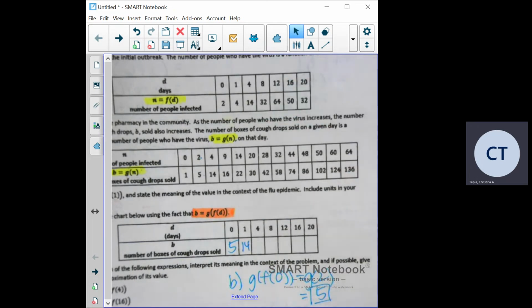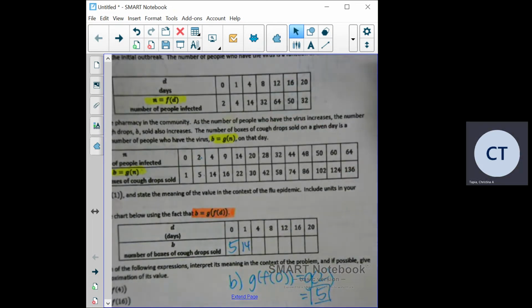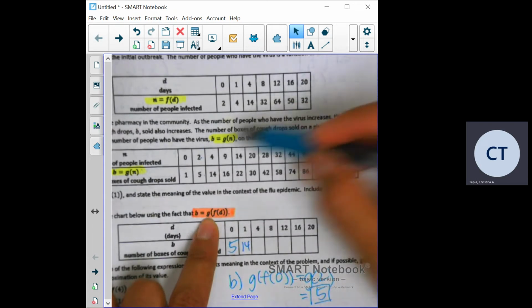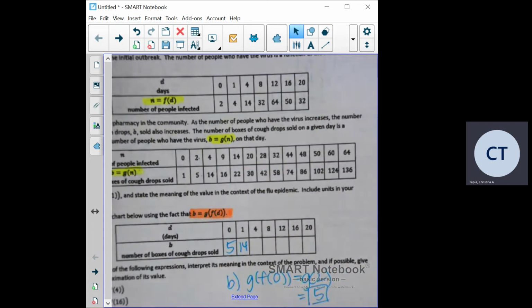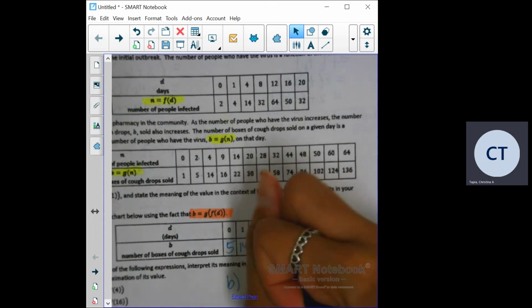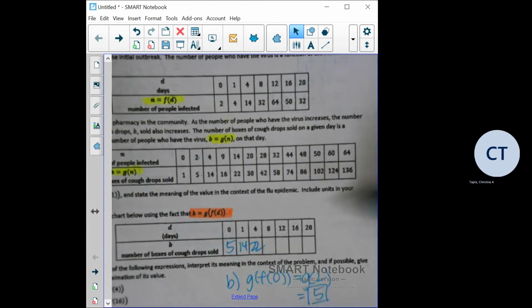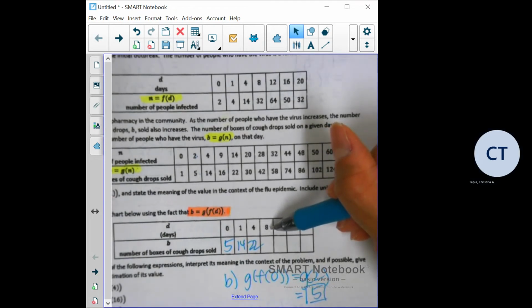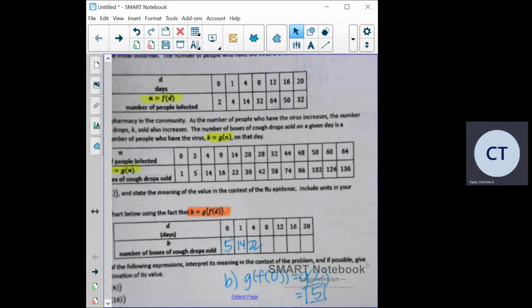Looking at this table, what's F of 4? Keeping that in mind, we now have to find G of 14. Looking at this table, what's G of 14 going to be? 22. Let's do one more and then I'll leave you alone. G of F of 8. Look for F of 8 first. You got your number? Now find G of that number. There you go.